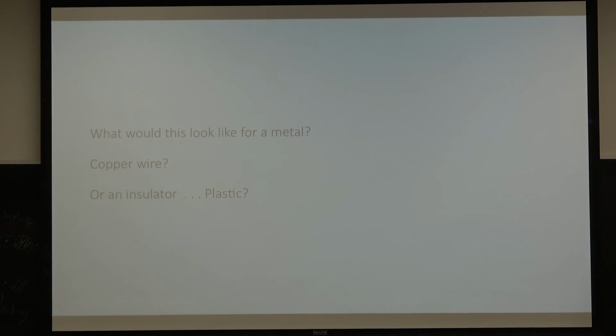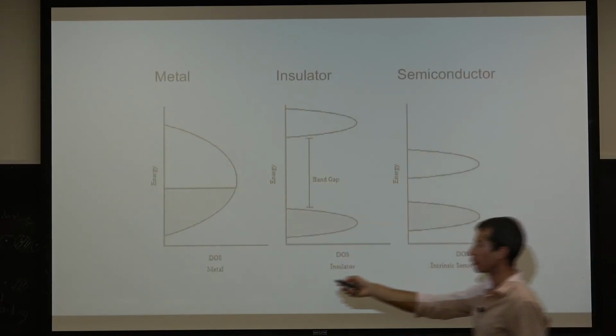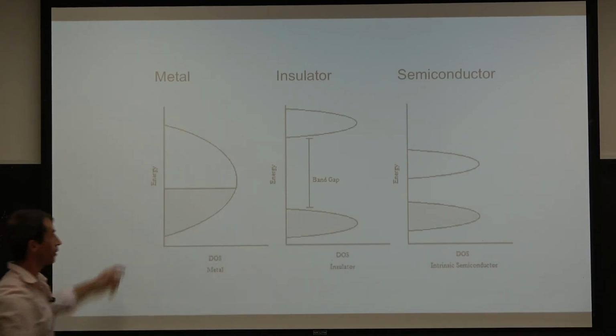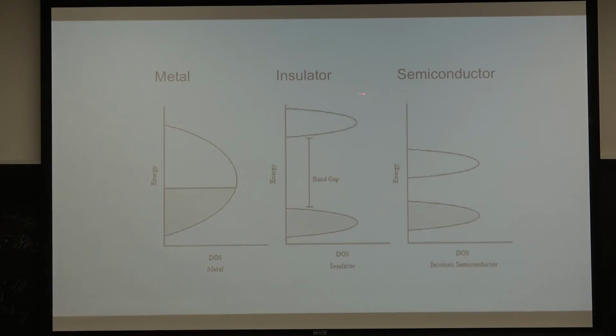Okay, so if we were to draw this for a metal, we kind of talked about it already, right? There would be essentially no break between the valence band and the conduction band. And then what discriminates an insulator from a semiconductor is essentially how big this band gap is, okay? I think the rule of thumb is about 4 electron volts. I just noticed that this graph is now basically inverted from what it was before.